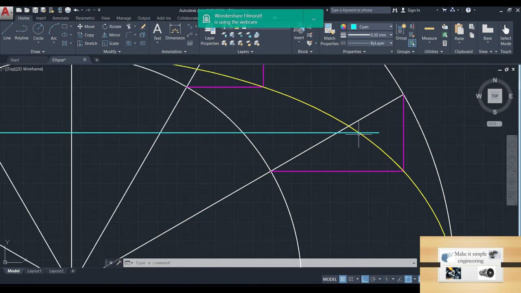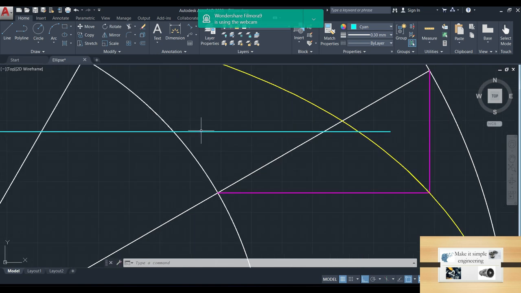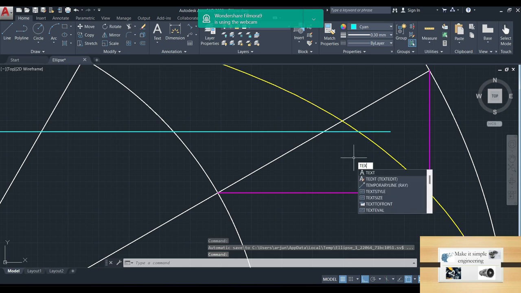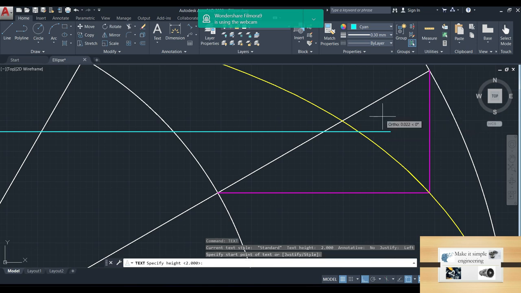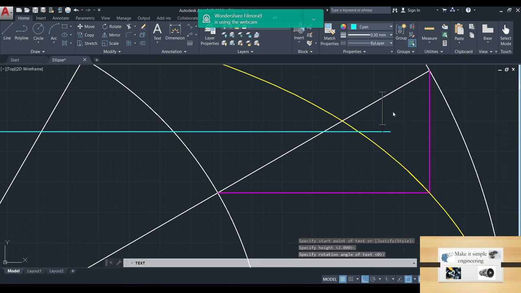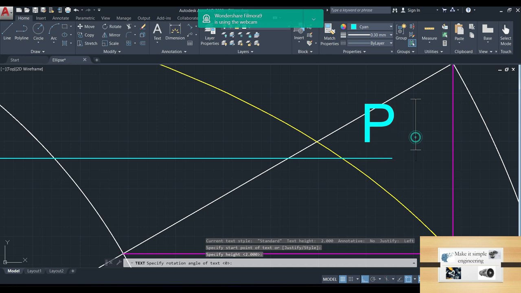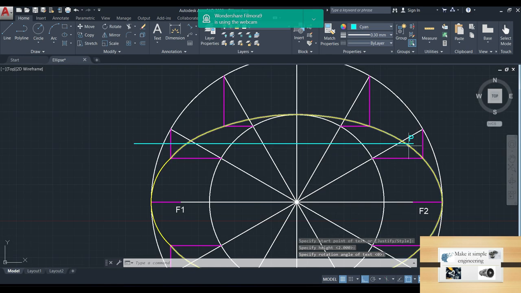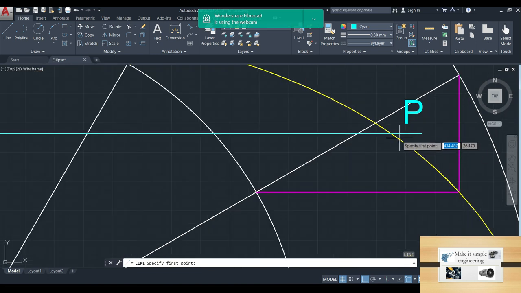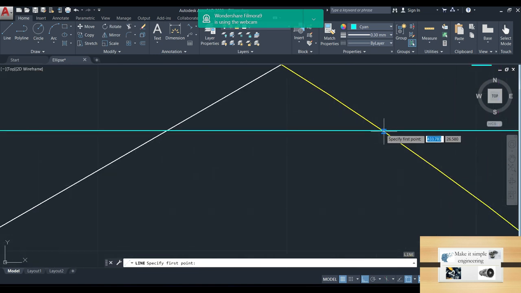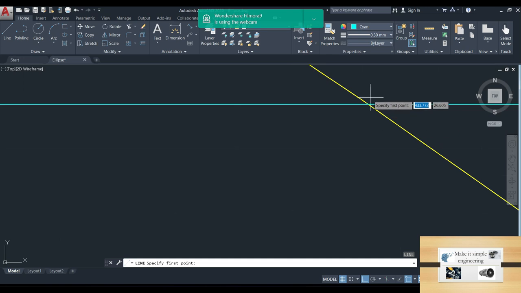So the point of intersection between this line and the curve should be considered. This is the required point. So let's say this is P. Okay, now we have to draw 2 lines from the point P. Point P is here.